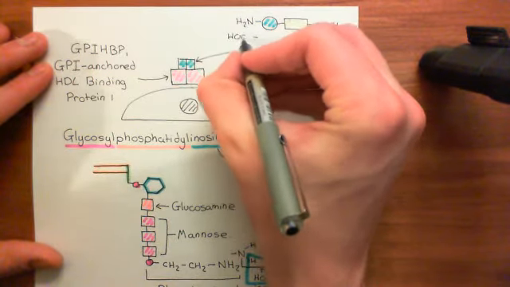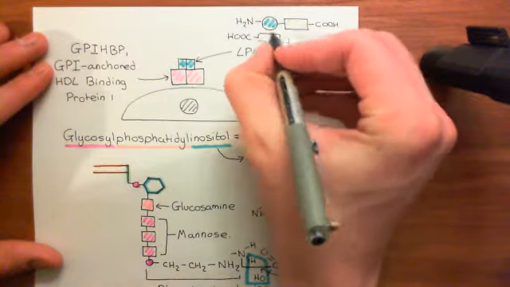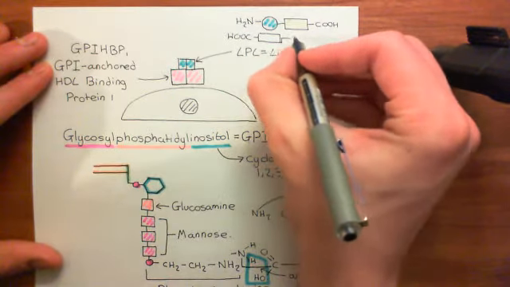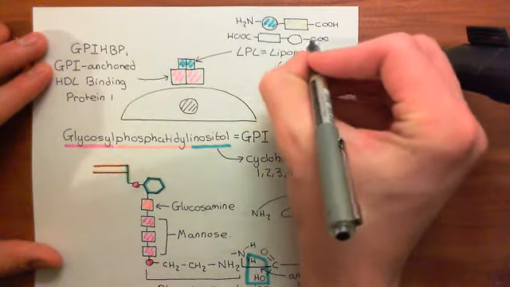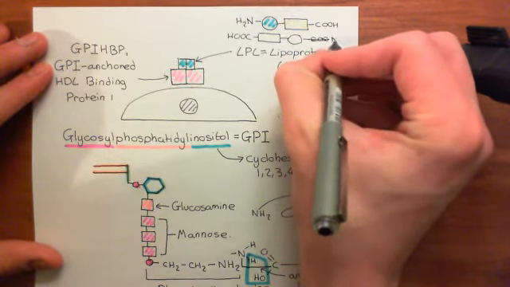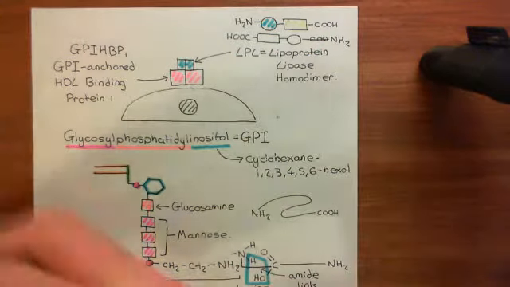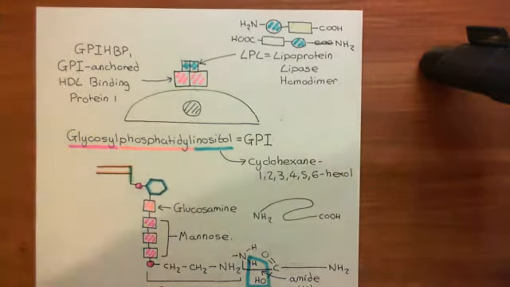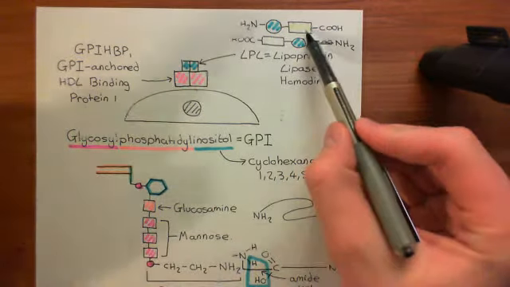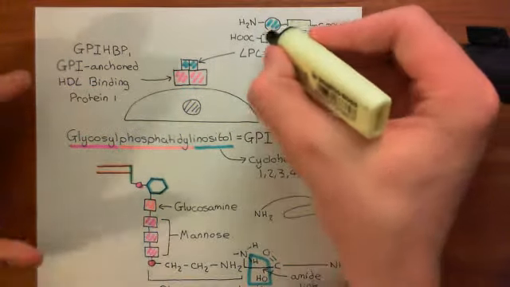So what happens is you get another one of these proteins and you put it basically the other way round, like so. No, that shouldn't be a carboxylic acid terminus, this should be an amino terminus. Right, so that the amino terminus of this second lipoprotein lipase is in the correct position to interact with the carboxylic acid terminus of that first lipoprotein lipase.